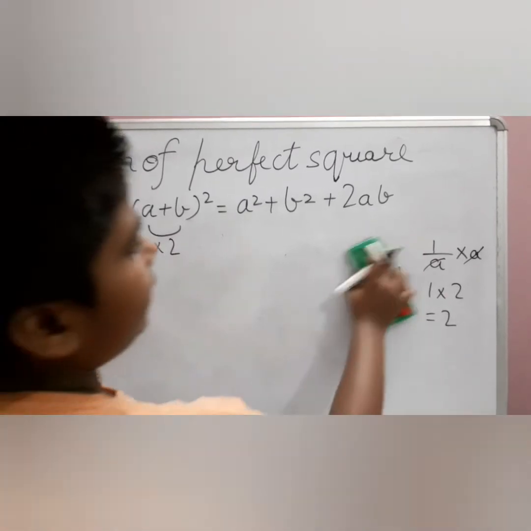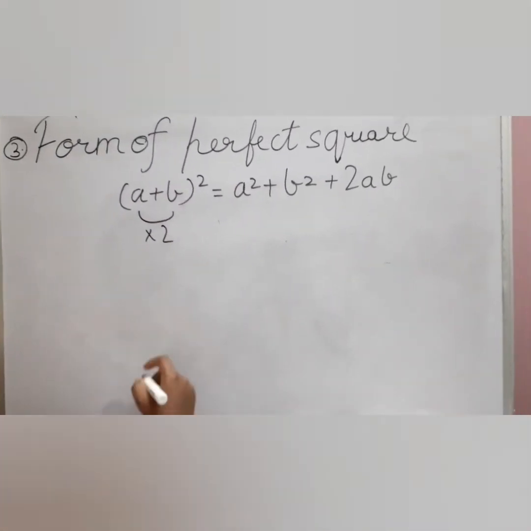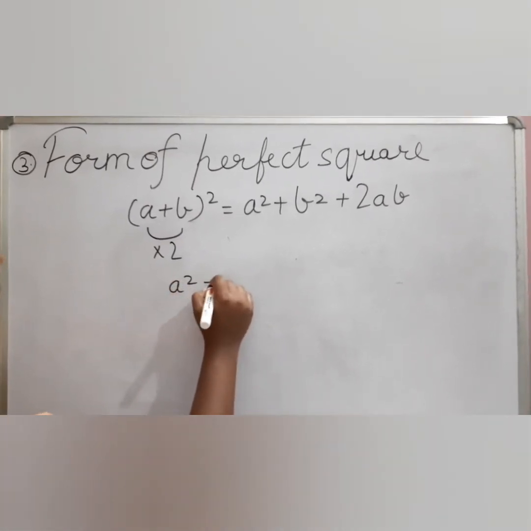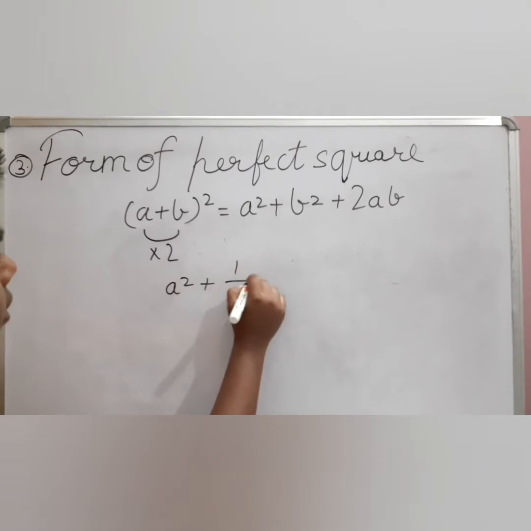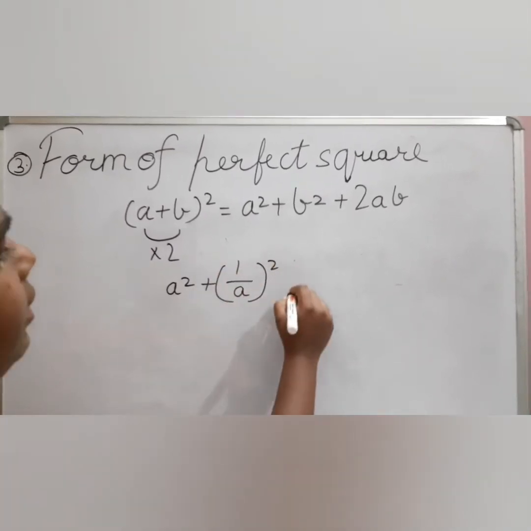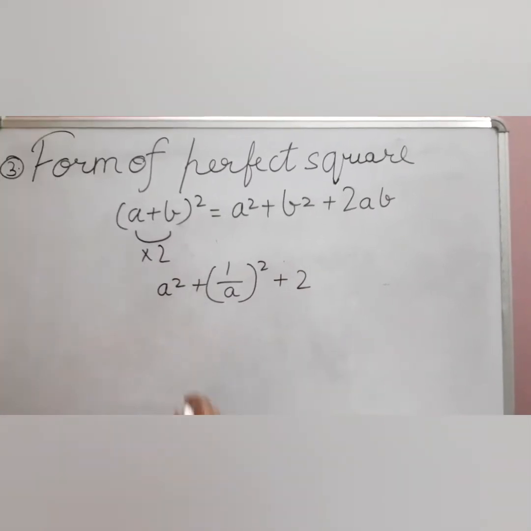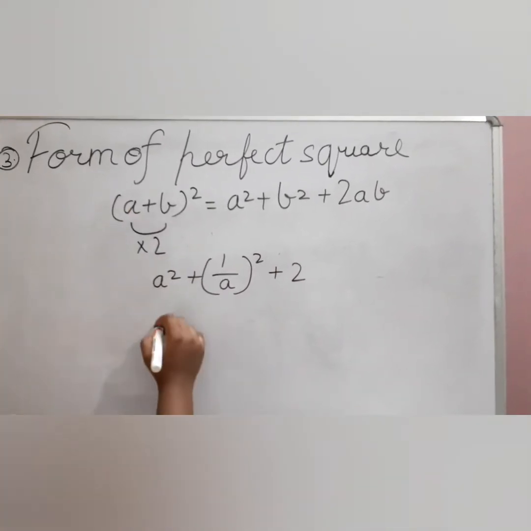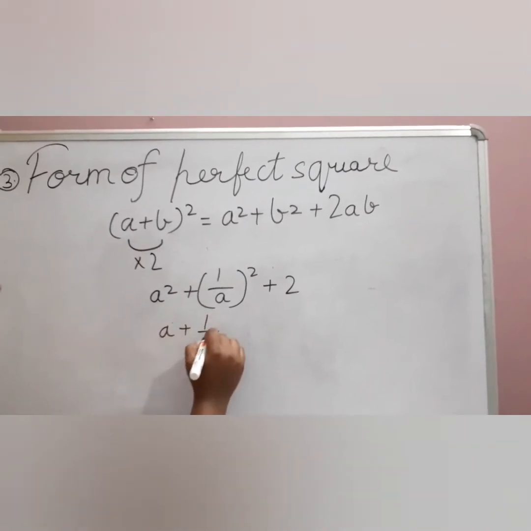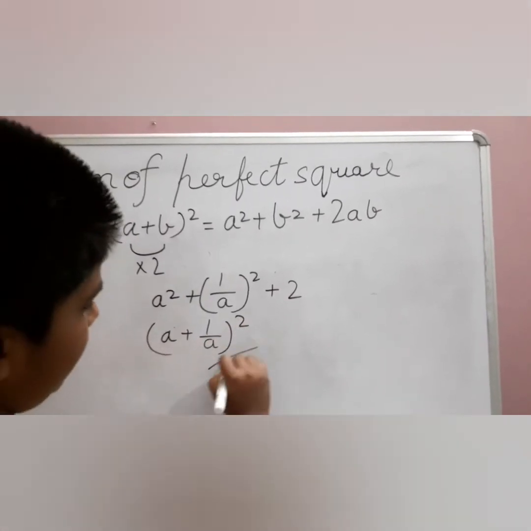So to write it more simply, we can write it like a square plus 1 upon a whole square plus 2. Now we can write it in this form: a plus 1 upon a whole square, and this is our answer.